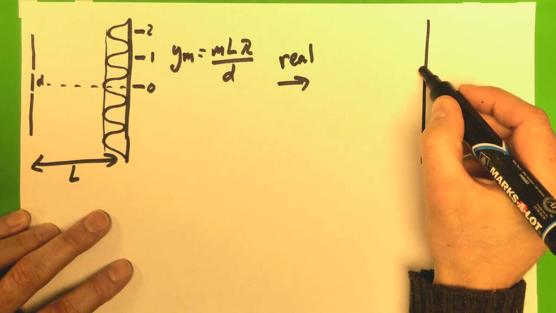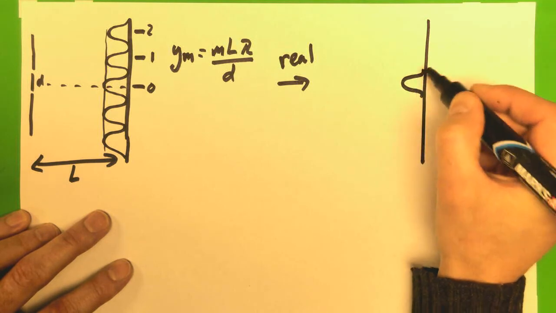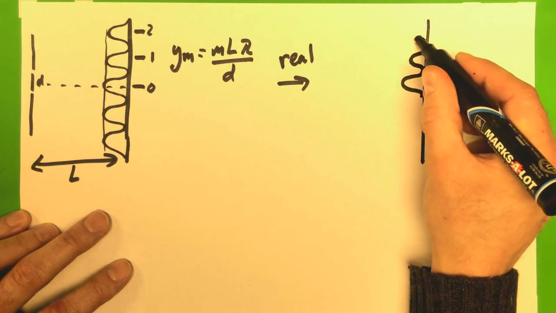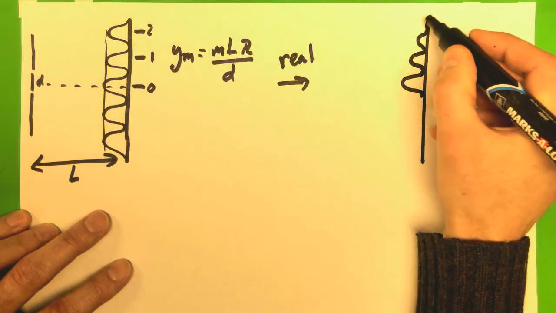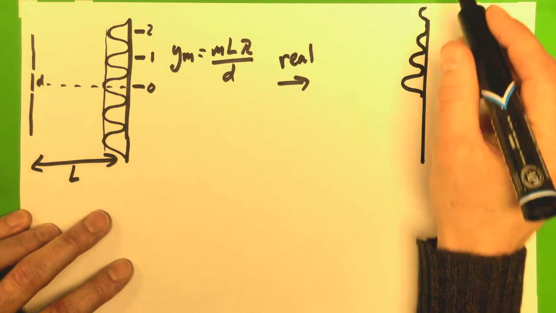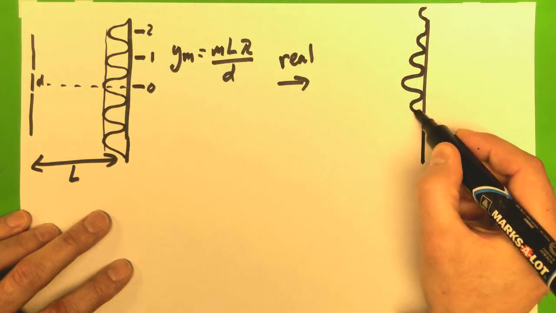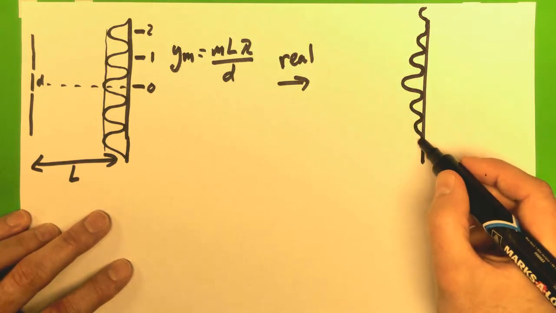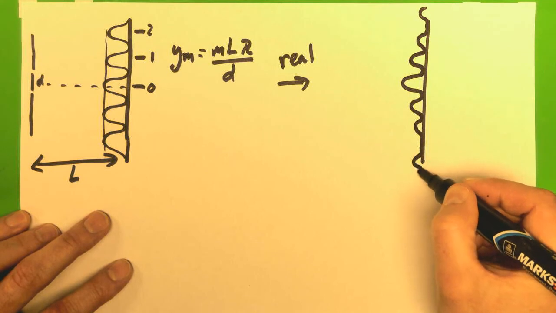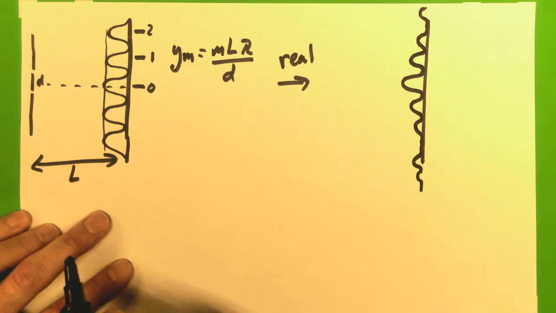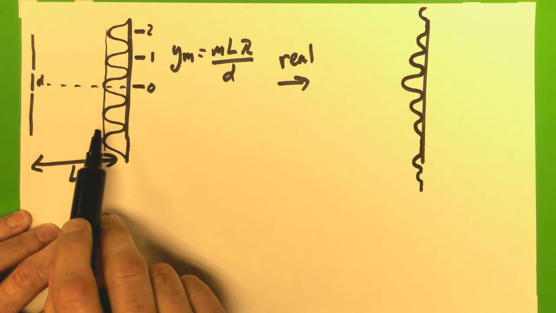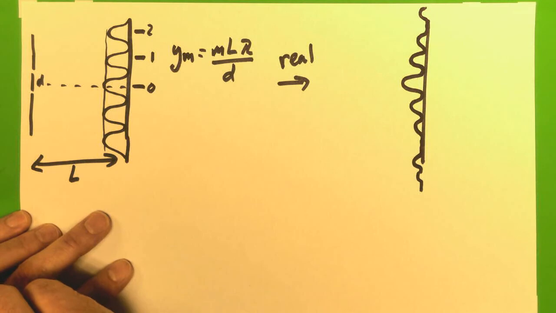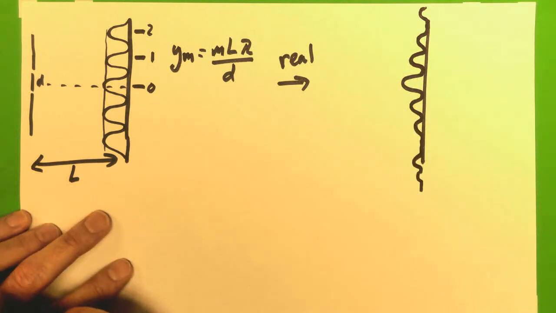I'm going to draw that central peak, and then you have a dimmer one, and a dimmer one, and a micro dark, and then another one on that side, and here it's dimmer and dimmer, and then maybe dark, and then another bright one, and dark. And that looks a lot different than that one. The middle peak looks pretty close to that one, but the rest of them look very different.